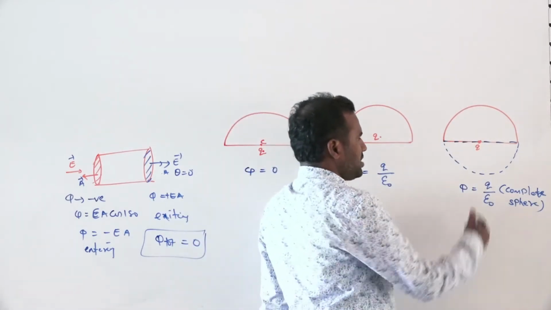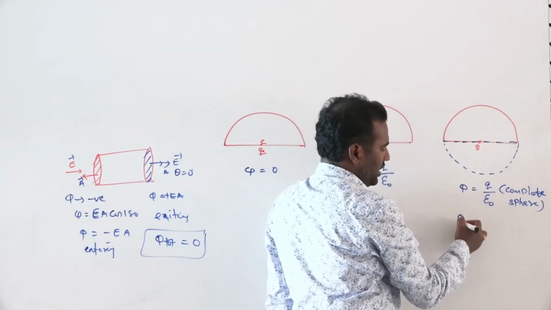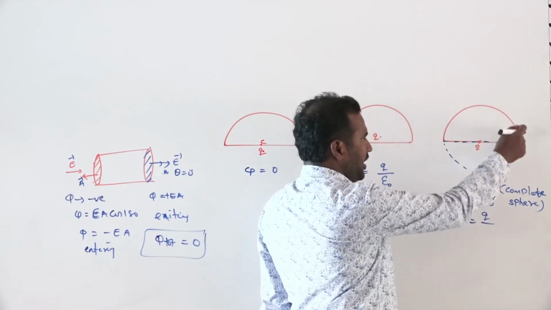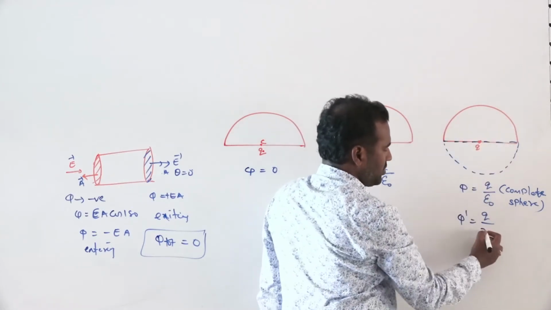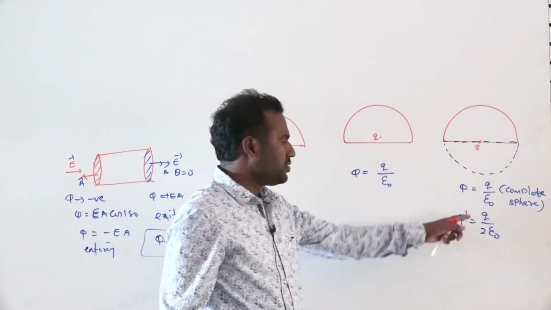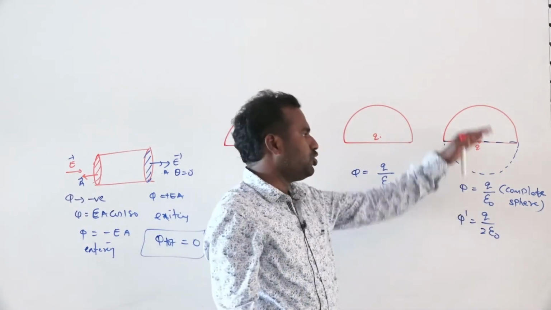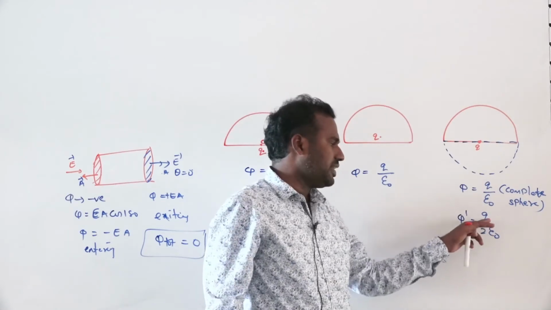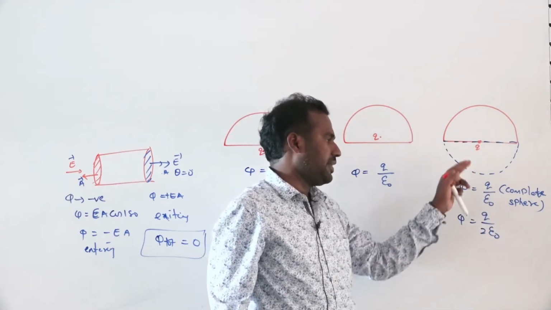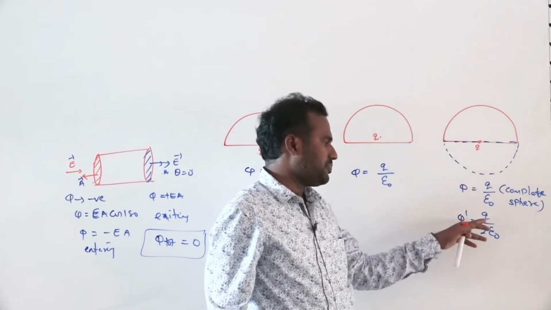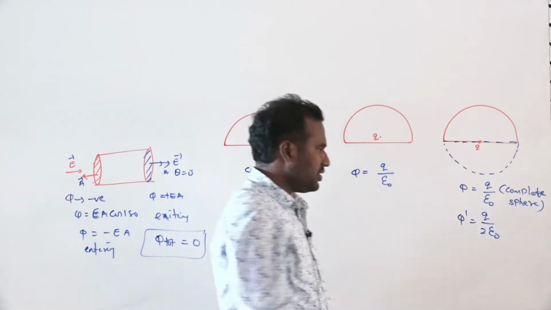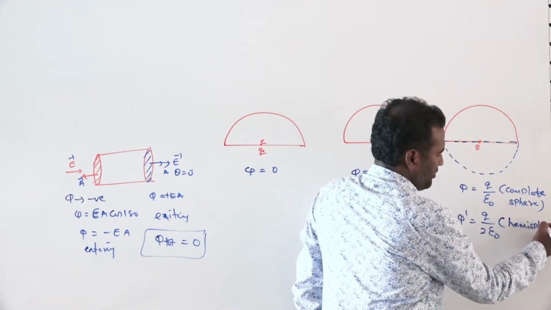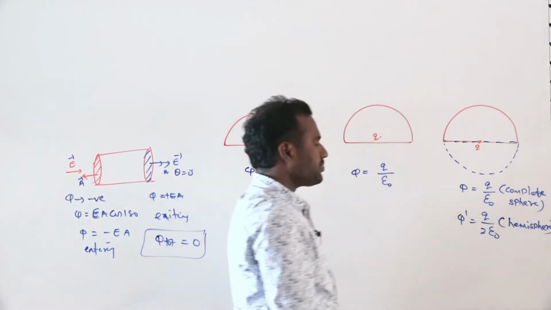So the flux will be distributed over here, because we require the flux through the half sphere only, so it will be divided by 2. So that is Q by 2 epsilon naught for the upper and Q by 2 epsilon naught for the lower. So the total will be equal to Q by epsilon naught for a complete sphere. Since over here it is a half hemisphere, it is Q by 2 epsilon naught. This is for the hemisphere, or half sphere, we can say.